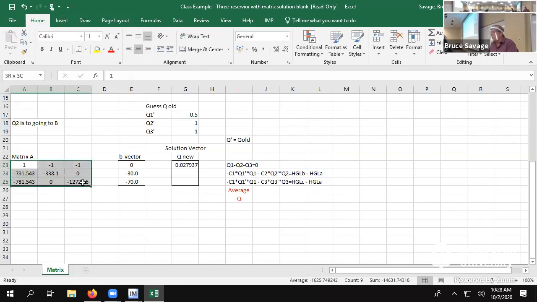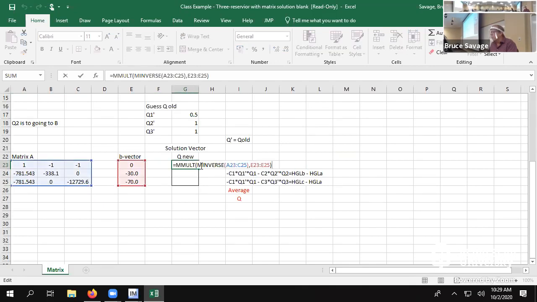That's A. But I have to take the inverse of it, A inverse, right? So I have to take the inverse by taking M inverse. So that whole thing is A inverse? Yes. Now you go back and look at your linear algebra. An inverse matrix has the same size, just flipped. I guess you could say rows become columns, columns become rows. So array one would be the A inverse, right?